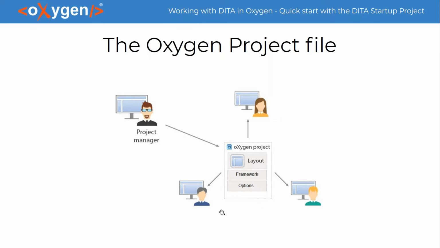The way it usually works is that one member of the team, maybe a project manager, or any other member that has a bit of technical skills, creates this setup, and afterwards every member of the team will have this unified setup. The only thing they need to do is open that Oxygen project.